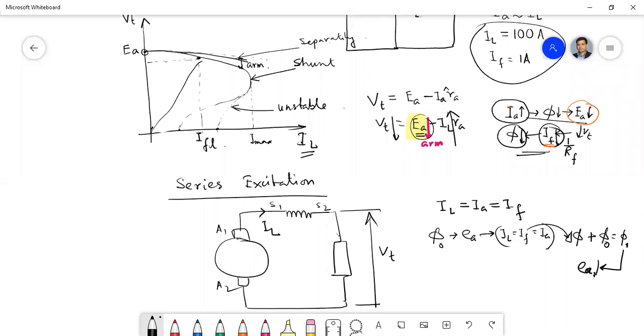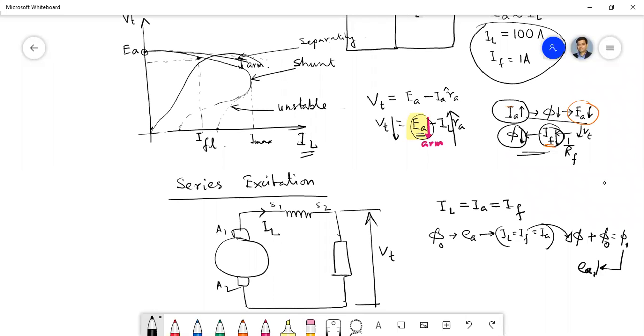But after that, due to this armature reaction, again it will fall like this, at a faster rate. Remember, in case of open circuit characteristics, there was no armature reaction issue.